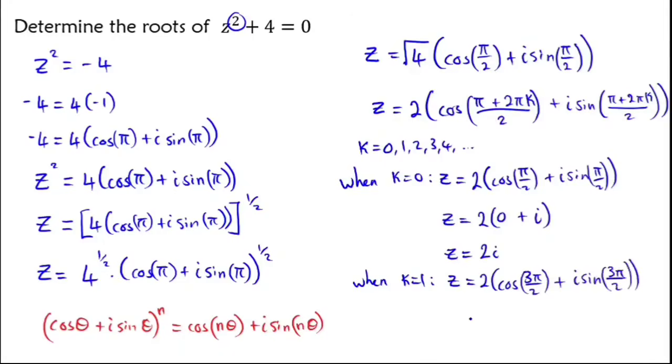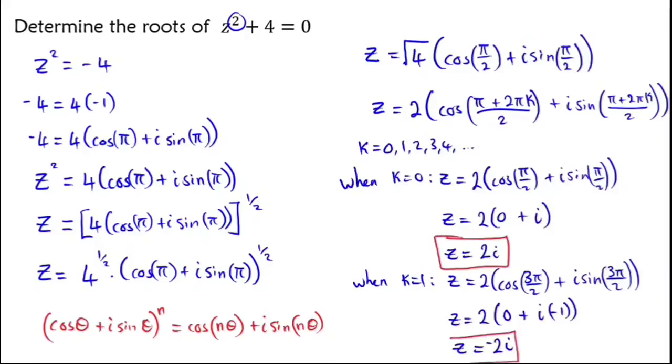So this means that z will be equals to 2. Now 3 pi over 2 is just the same as 270 degrees. So cos 270 degrees is 0. Sine 270 degrees is a -1. So if I multiply everything in the second solution, it will simply be negative 2i. So there you have it. These two right here are the two solutions for our complex number.